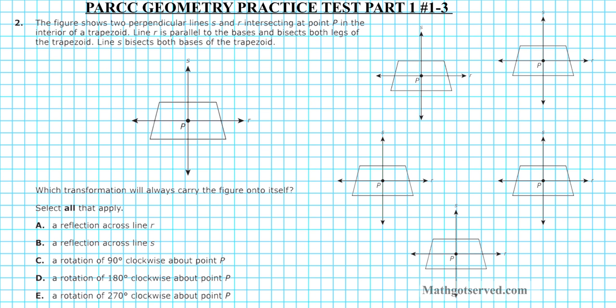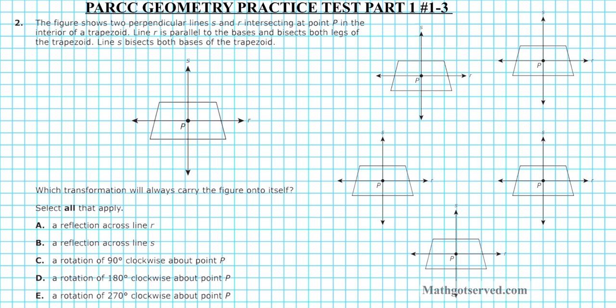All right, let's take a look at problem number 2. It says the figure shows two perpendicular lines, S and R, intersecting at a point P in the interior of a trapezoid. Line R is parallel to the bases and bisects both legs of the trapezoid.